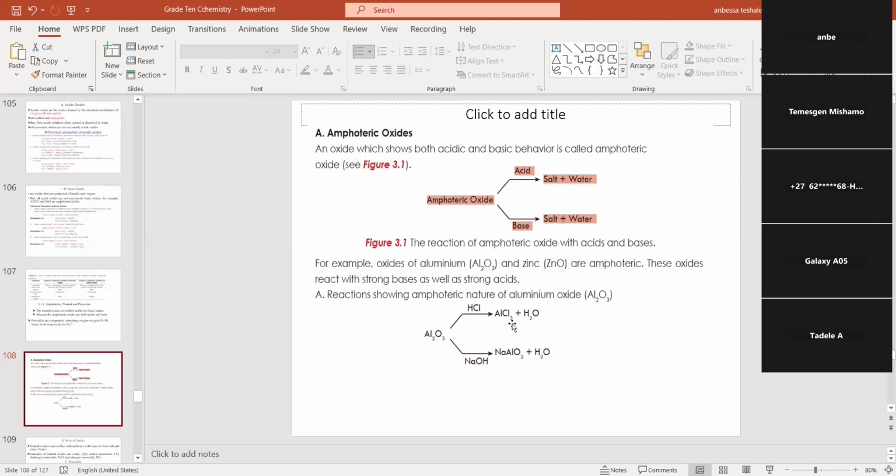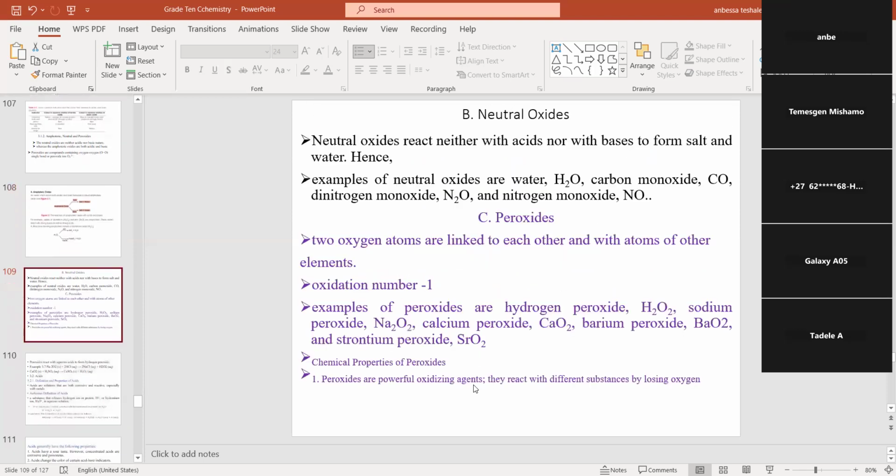It gives aluminum chloride plus water. Aluminum chloride is a salt. Here is sodium aluminate plus water. So this is the behavior of amphoteric.